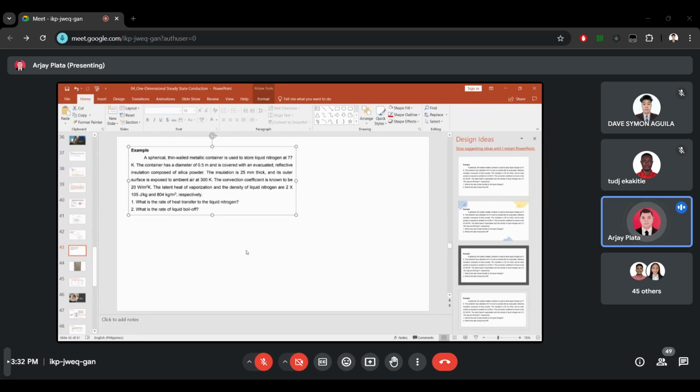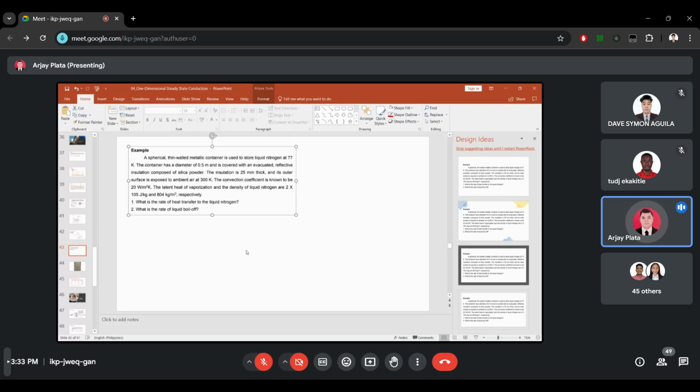The convection coefficient is known to be 20 watt per square meter Kelvin. The latent heat of vaporization and the density of liquid nitrogen are 2 times 10^5 joule per kilogram and 804 kilogram per cubic meter respectively. So what is the rate of heat transfer to liquid nitrogen and what is the rate of liquid boil off?